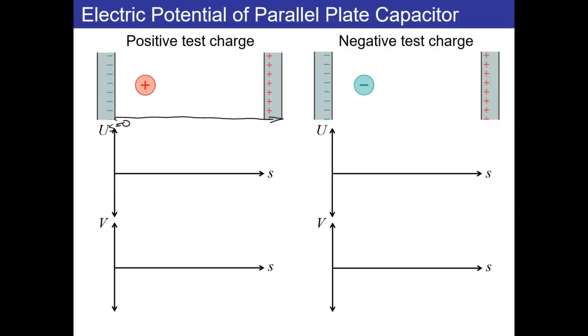Okay, anybody want to share out what they did for the potential energy as a function of position? What does your graph look like? What function are we graphing here?